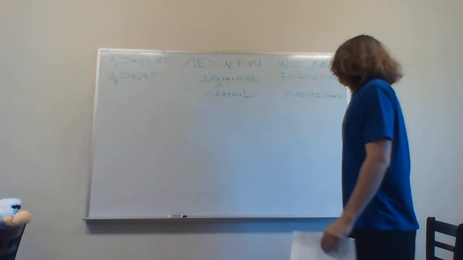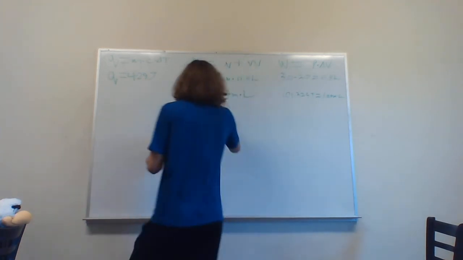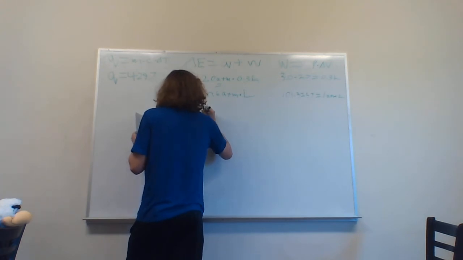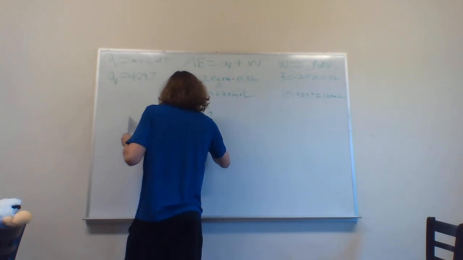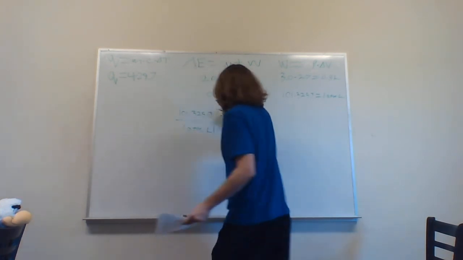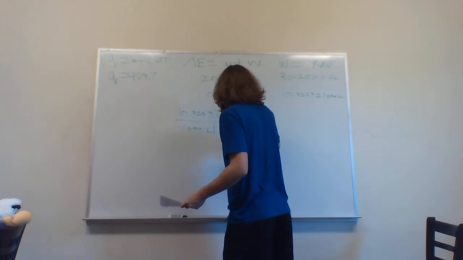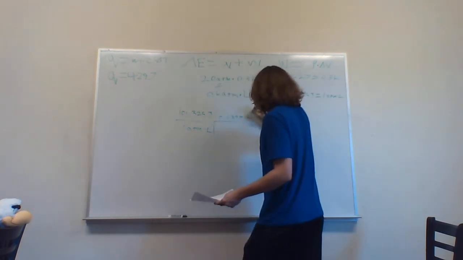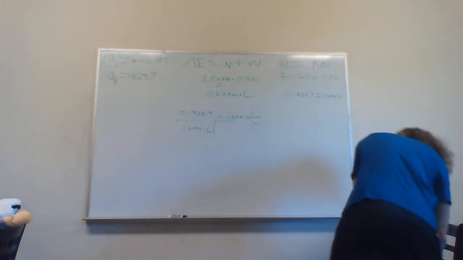So we plug that into our conversion to convert this to joules: 0.6 atm times liters times 101.325 joules per 1 atm times liter.